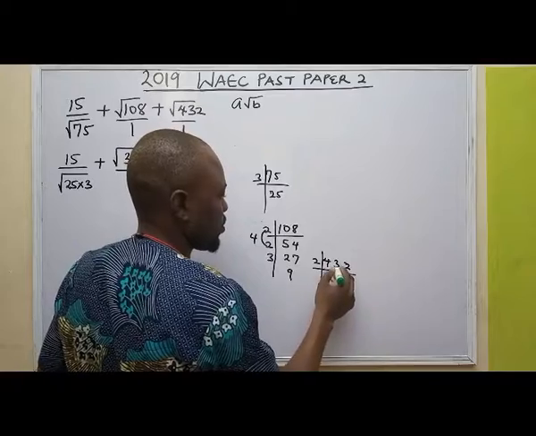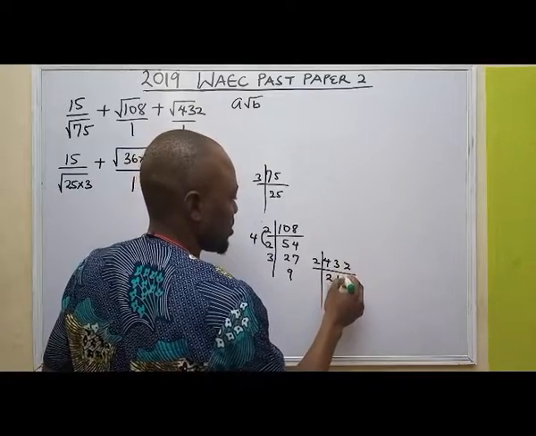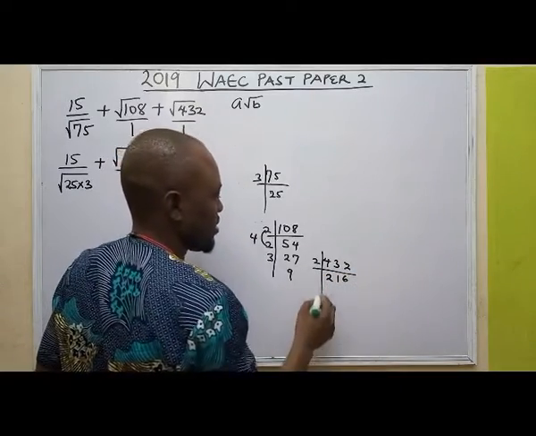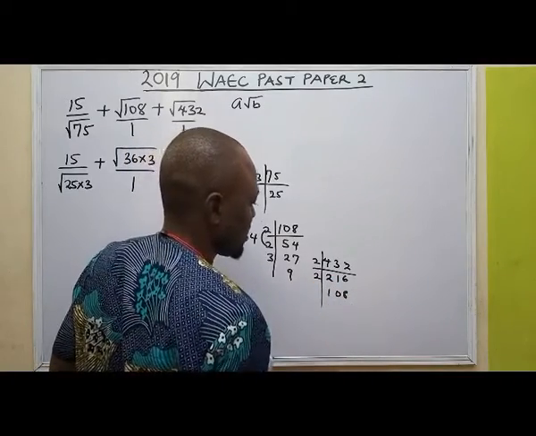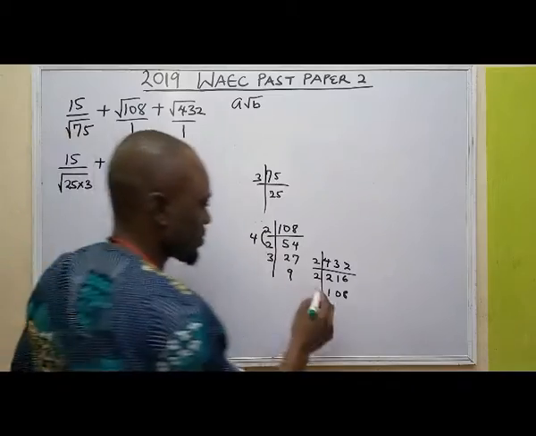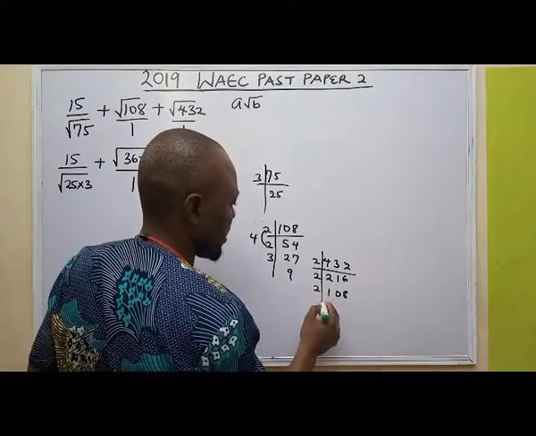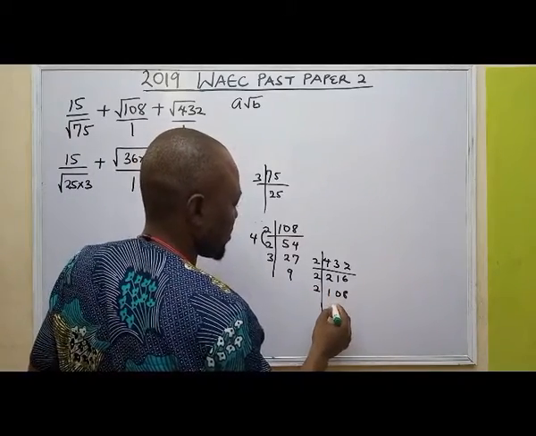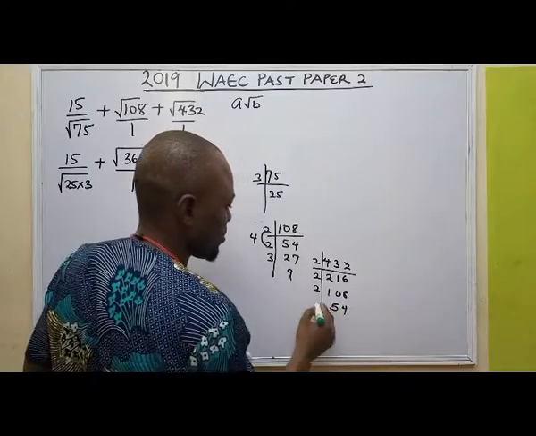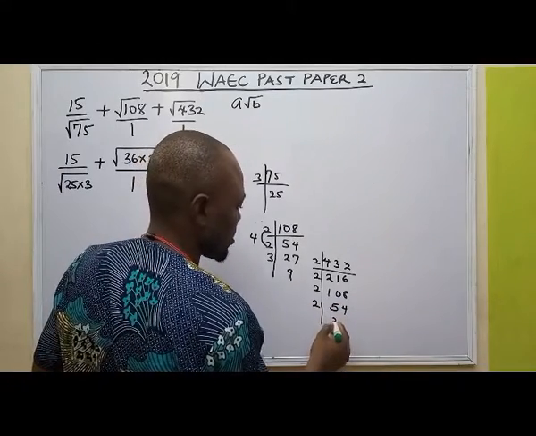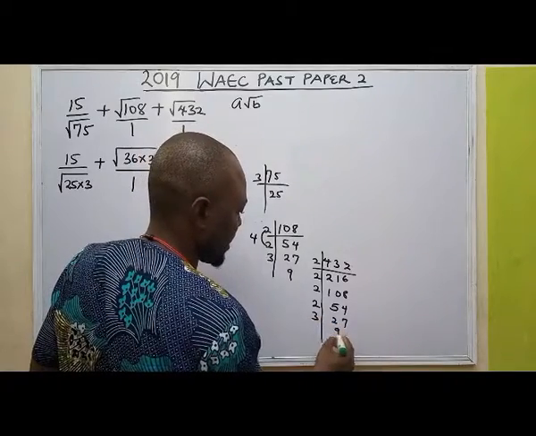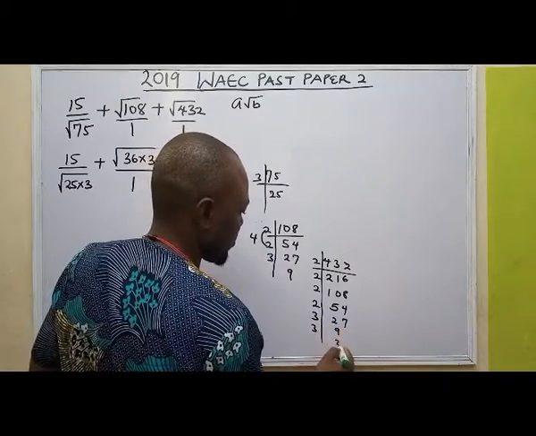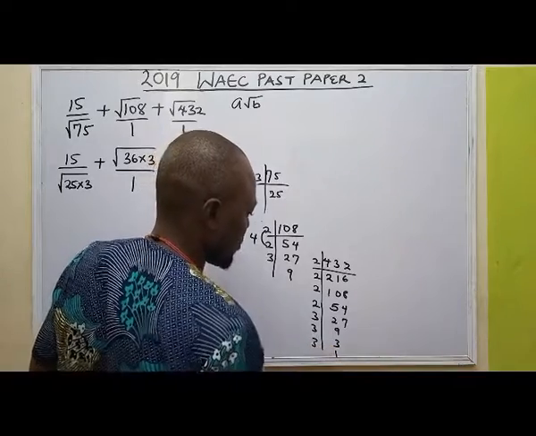2 here 216, 2 here 108, 2 here 54, 2 here 27, 3 here 9, 3 and 9, 3, 3 and 3, 1.